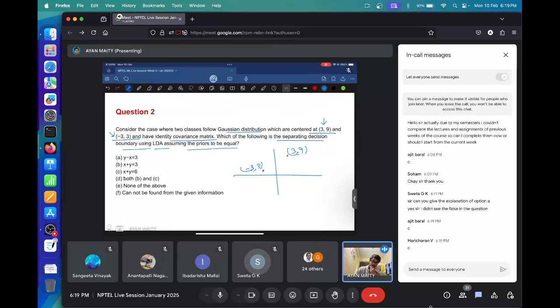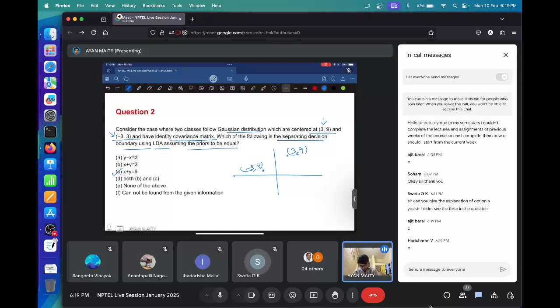Haricharan V says option C. Okay. So option C is the correct answer.